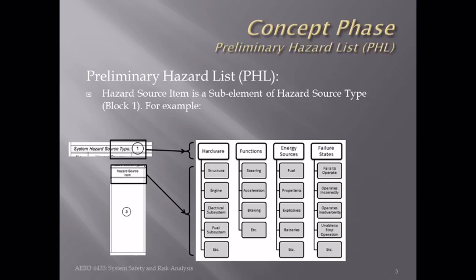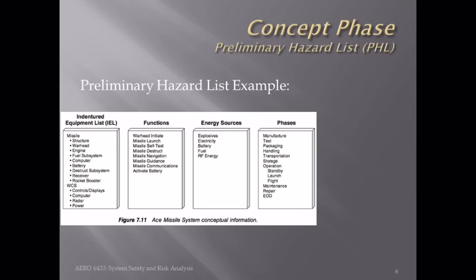This is still in the HS component of the hazard triangle, but here are some examples of hazard source types at the top, and then hazard source items that flow below them. These are going to be plotted on our worksheet here in just a moment.